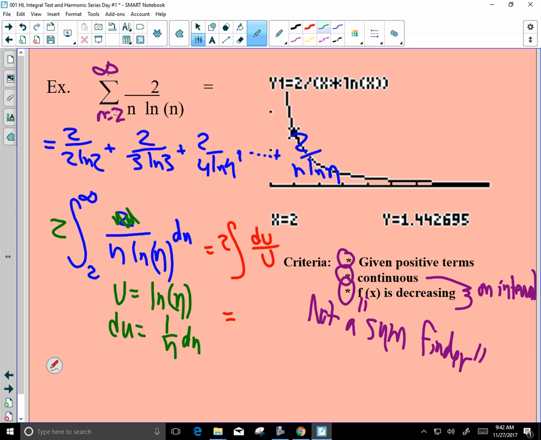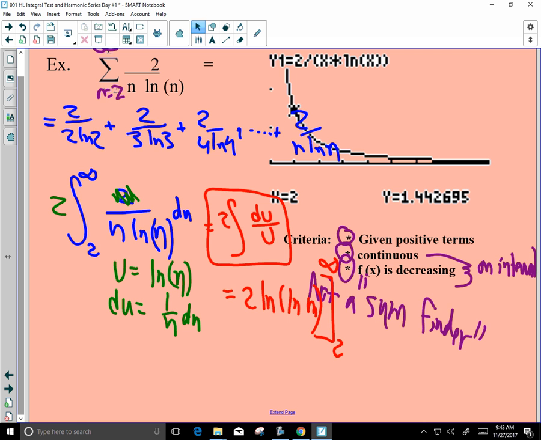And what's the antiderivative of du over u? Natural log of u, which is the natural log of n, going from 2 to infinity. Notice I didn't write the boundaries in red because that part changes when you change from n to u. That changes the boundaries, but we don't care about doing that because we're switching back to n. So don't switch them twice. There's no reason to do it.